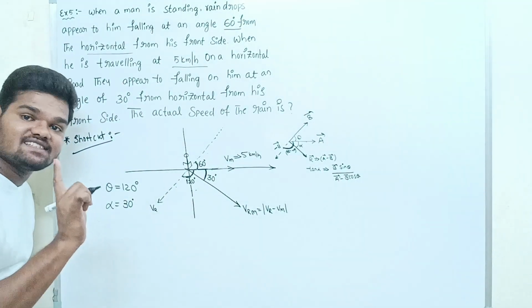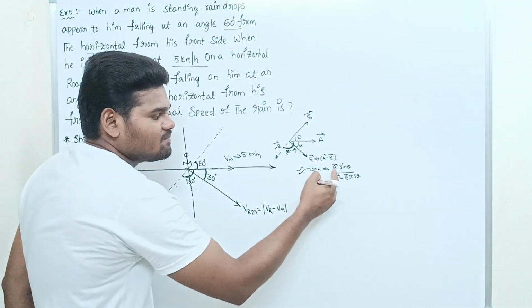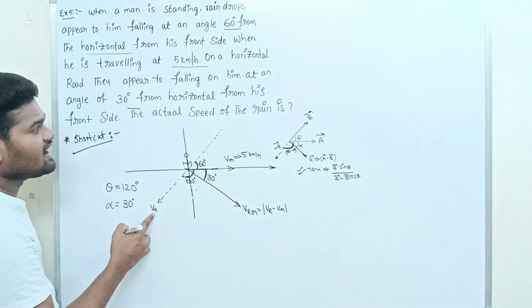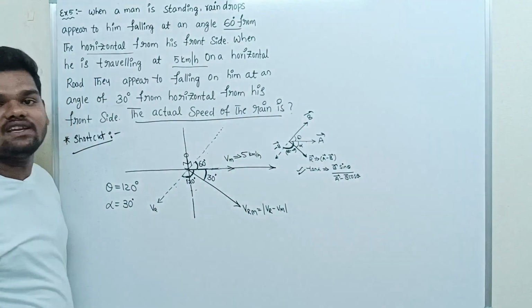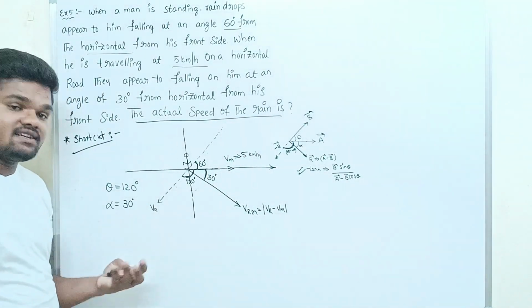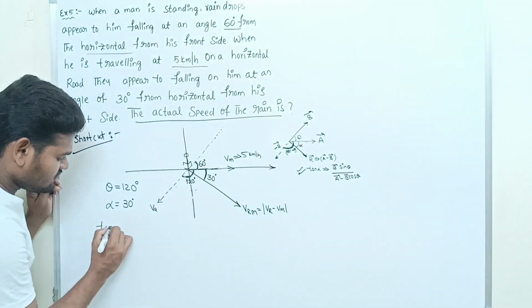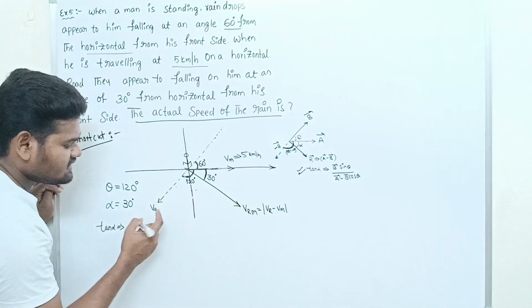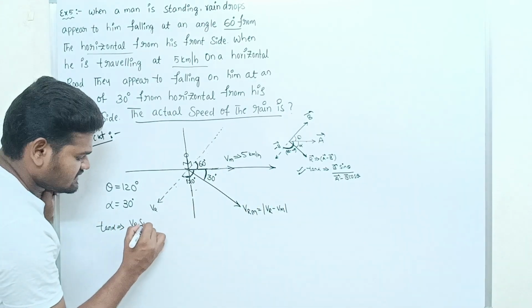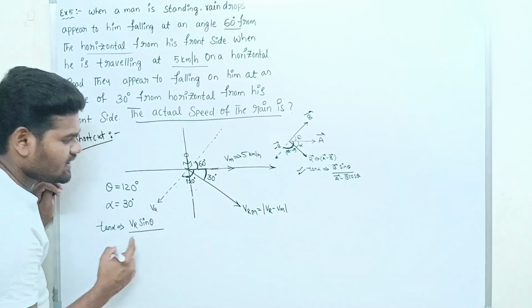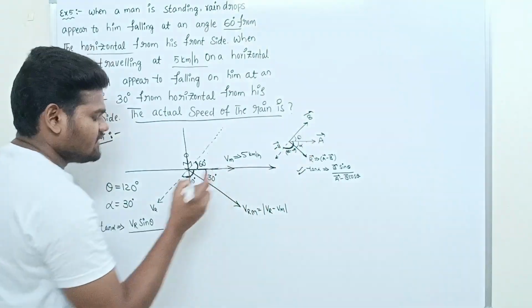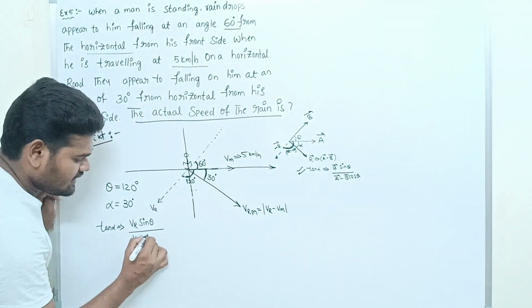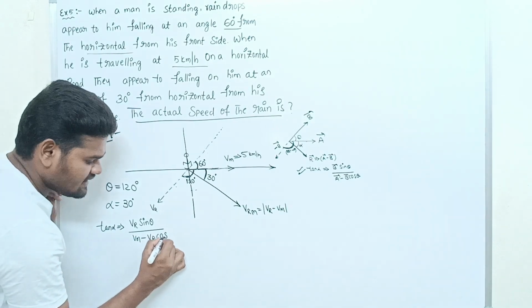Okay. Now, just use this formula. You will get the B bar vector. At the place of B, we have rain. What we have to find? The speed of the rain. So tan alpha is equal to B bar, meaning velocity of rain times sine theta, divided by A bar. At the place of A bar we have Vm minus Vr cos theta.